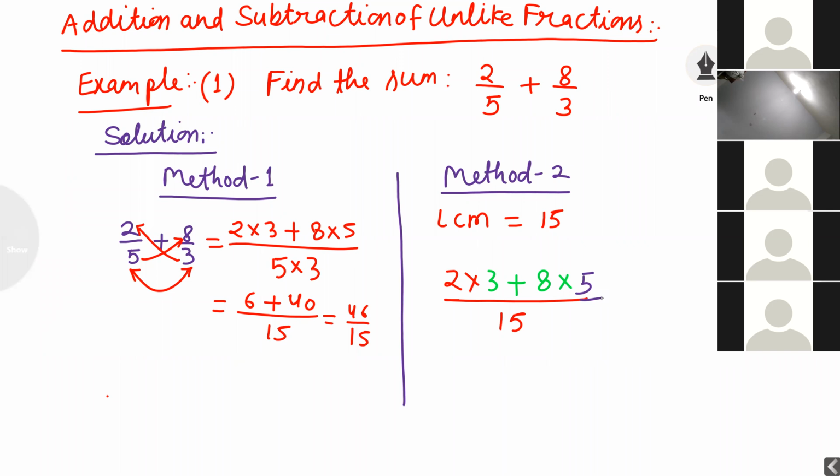Next, 3 twos are 6 plus 8 fives are 40, divided by 15, is 46 by 15. By using cross multiplication, our answer has come 46 by 15. By using the LCM concept also, our answer has come 46 by 15. Note down, everyone.